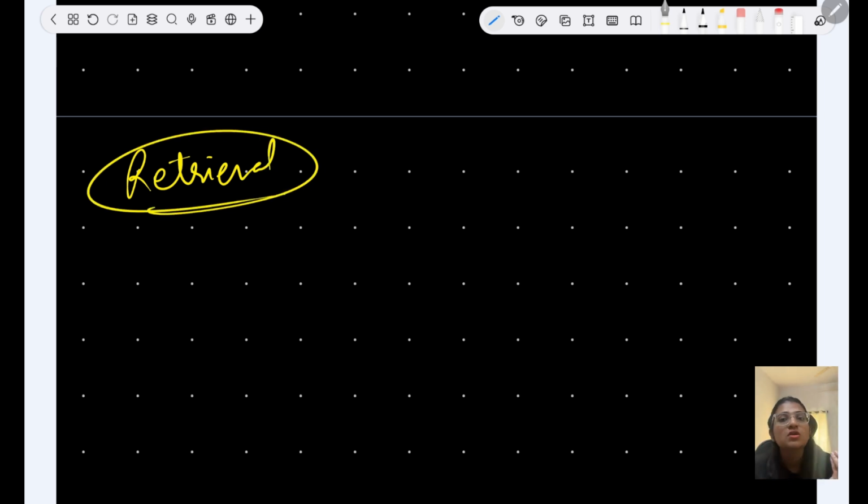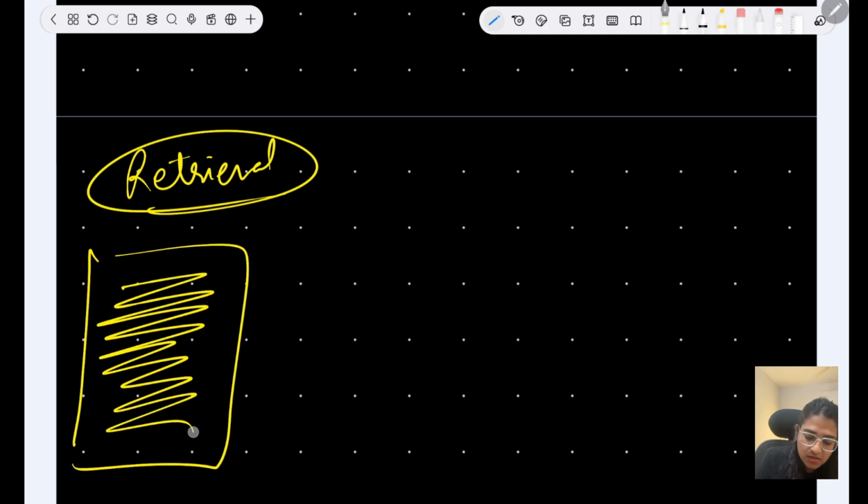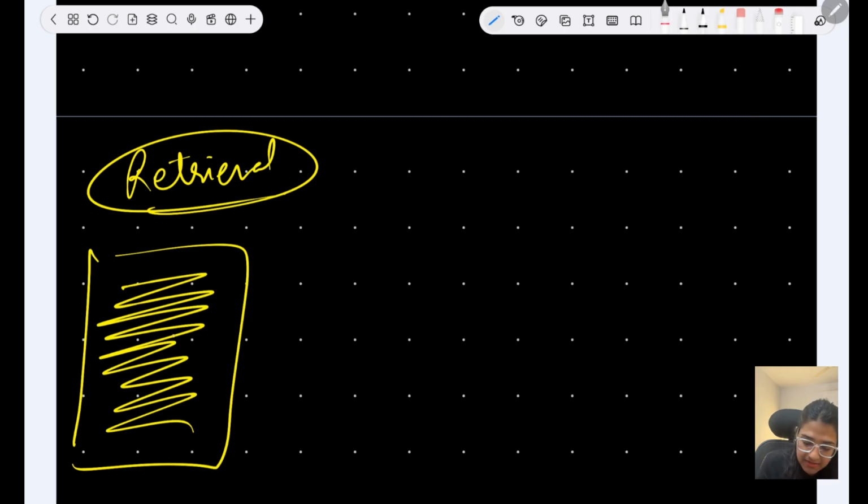How do we know that it should retrieve this part of the information, when I have a bigger document that has all the text? How does the model know, okay, I just have to find this information, this is the only relevant information for me?